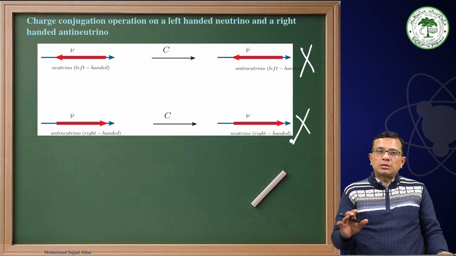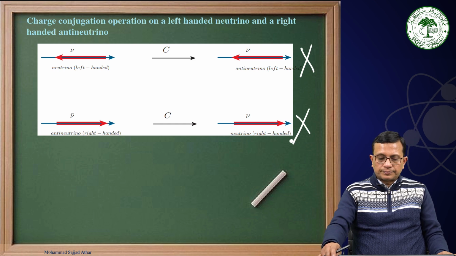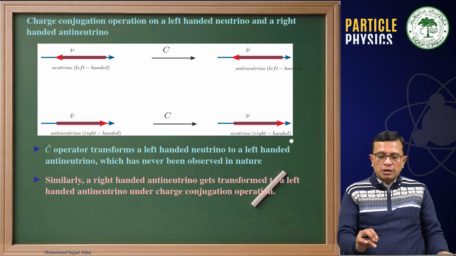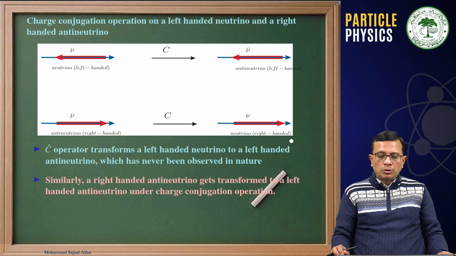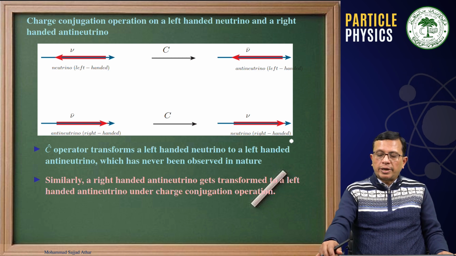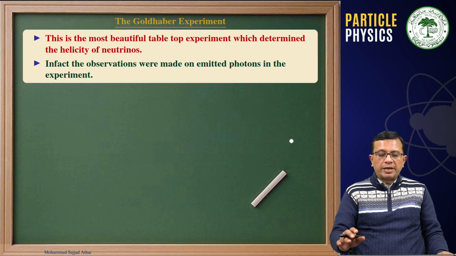Therefore, C is not a good quantum number in weak interaction, while it is a good quantum number in electromagnetic and strong interactions. Therefore, the C operator transforms a left-handed neutrino to a left-handed anti-neutrino, and a right-handed anti-neutrino to a right-handed neutrino, which have not been observed, and C gets violated in the weak interaction.